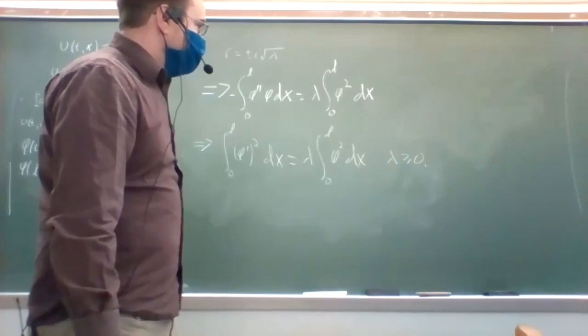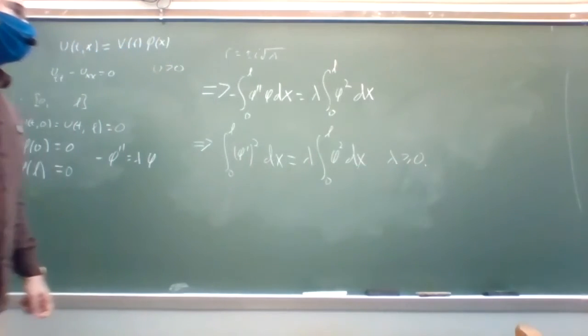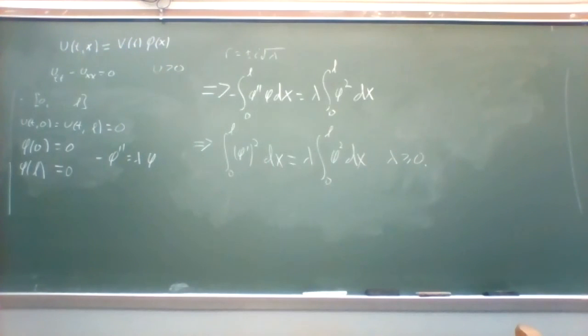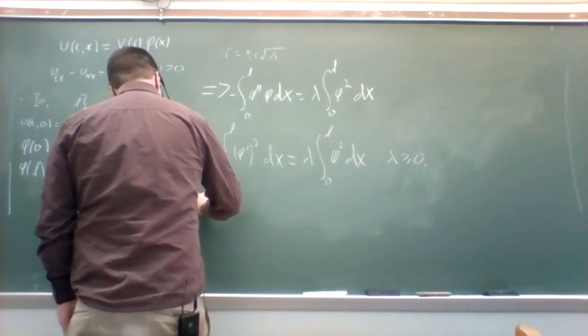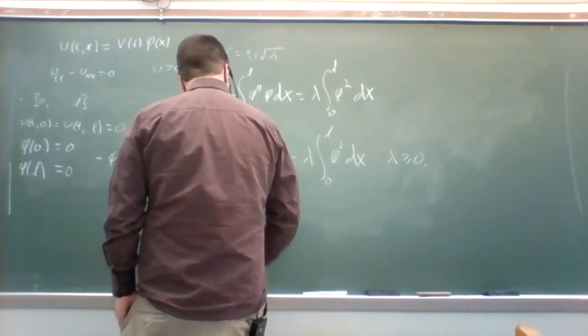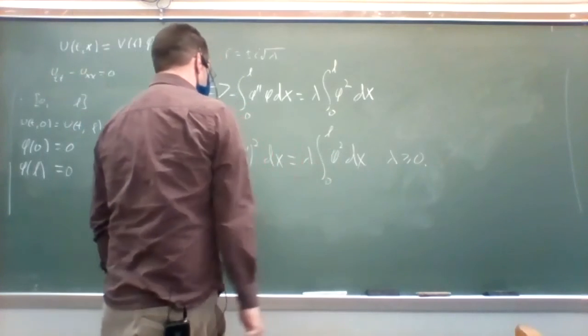And so what about, could lambda be 0? So what would happen then? If lambda were 0, then what happens? This side of the equation has to be 0.